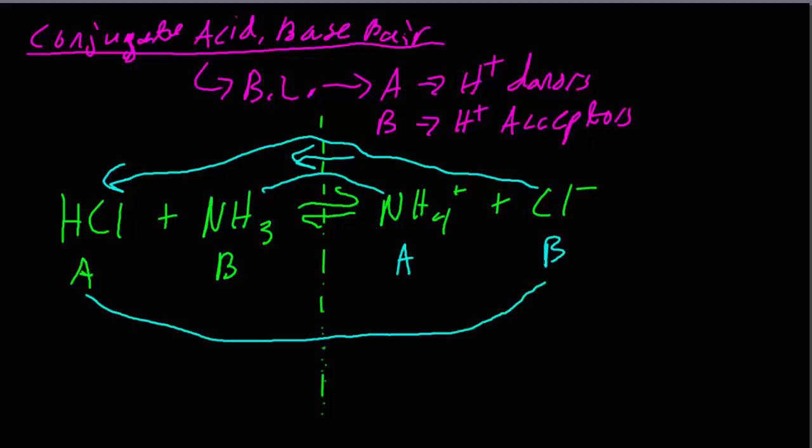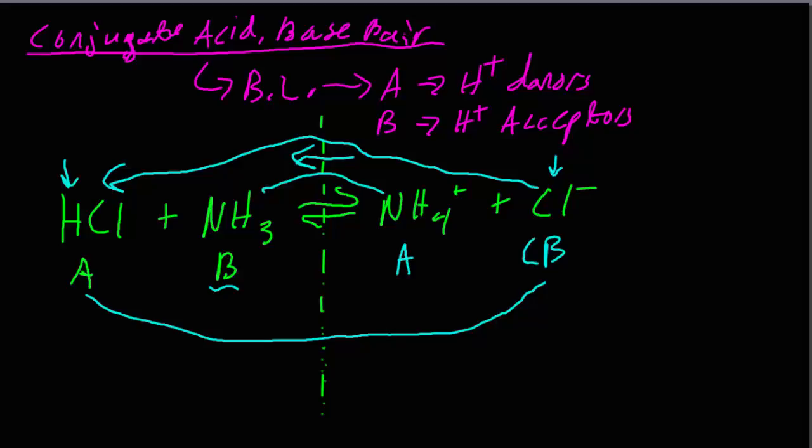Now, to help designate that this Cl minus is paired with this HCl, we use a special term. We don't just call it a base. This also helps eliminate confusion because we already called the NH3 the base, right? So after your acid loses its H plus and becomes Cl minus, we say that it turns into the conjugate base, and we do the same thing with the NH3, NH4.